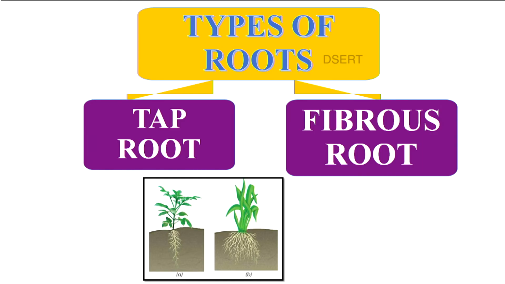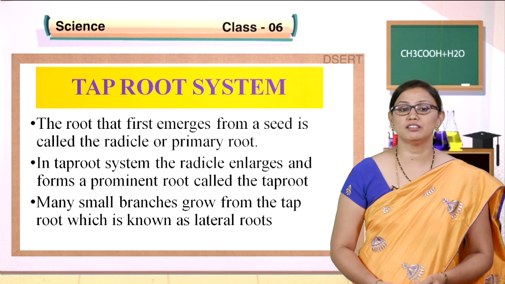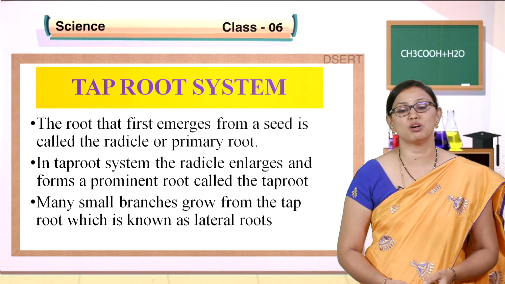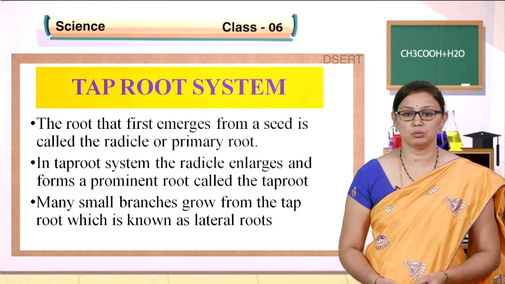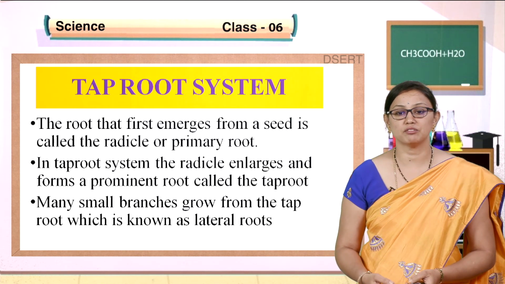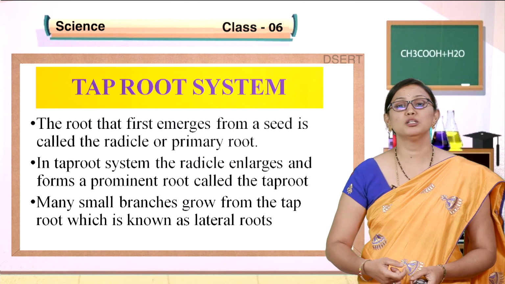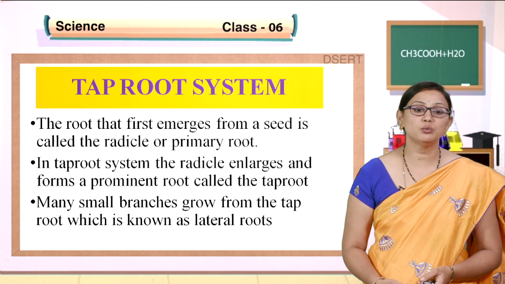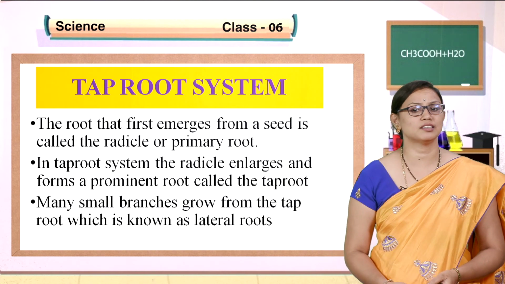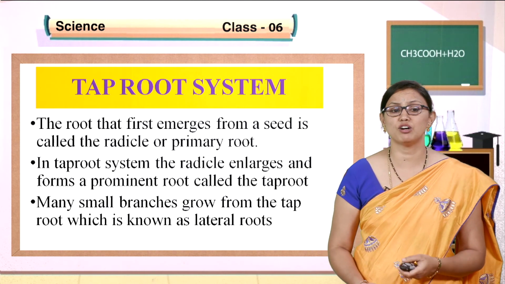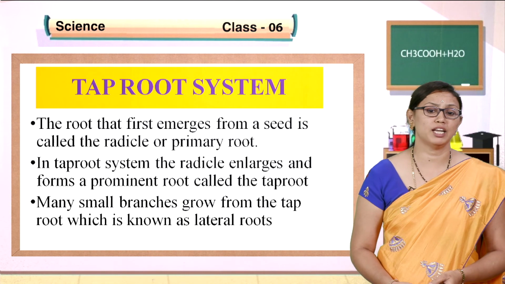What is called the taproot system? The root that first emerges from a seed is called a radicle, or the primary root. You have seen in germination from the seeds where the root arises, that we call the primary root. In the taproot system, the radicle enlarges and forms a prominent root we call a taproot.